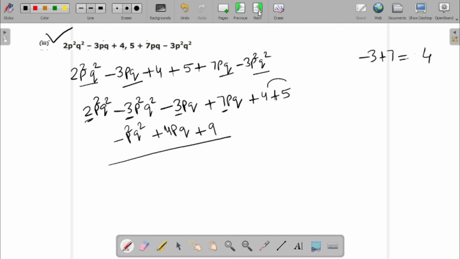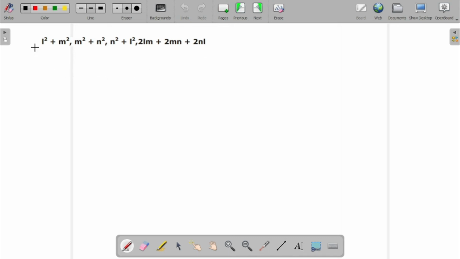Now we move to the fourth part. This is the fourth part. In this fourth part also, we can write here l square plus m square plus n square.